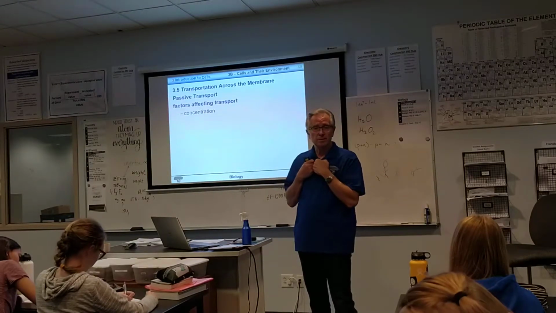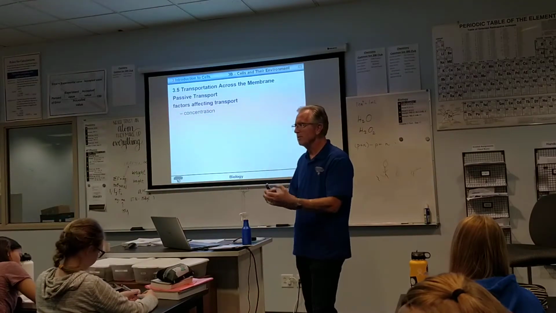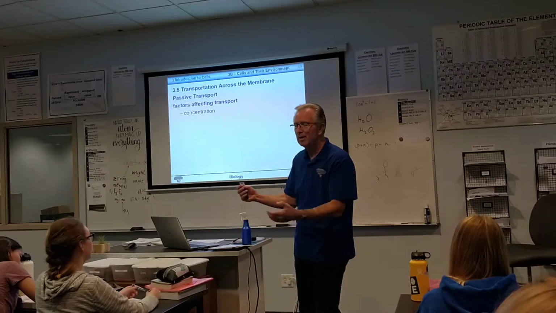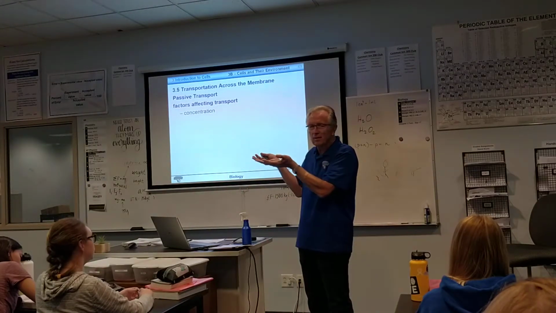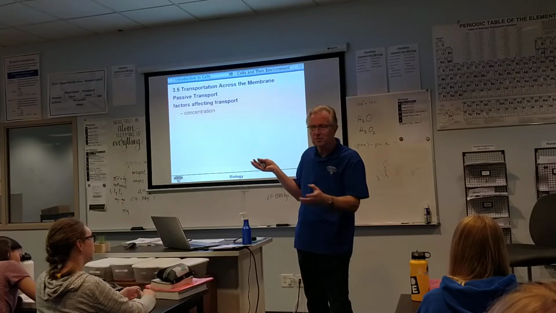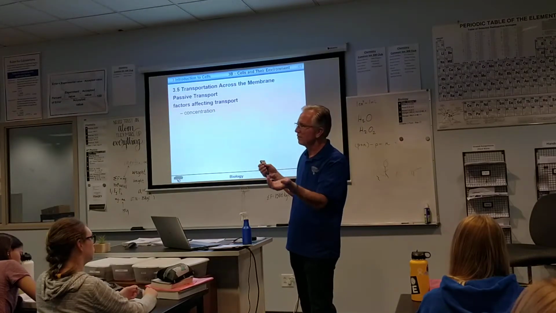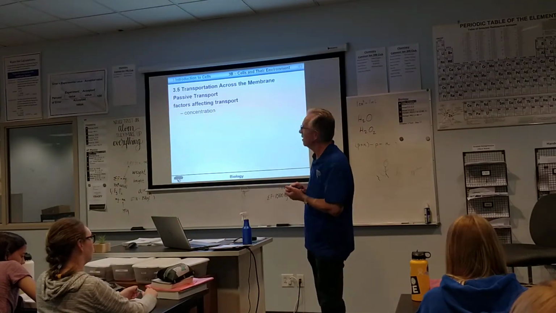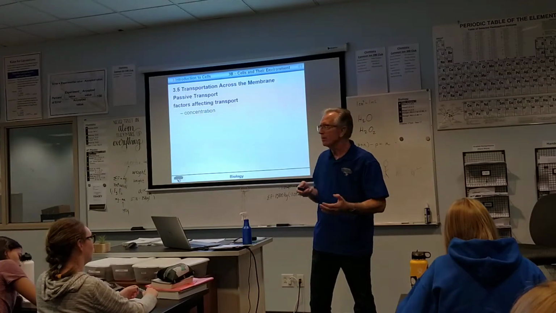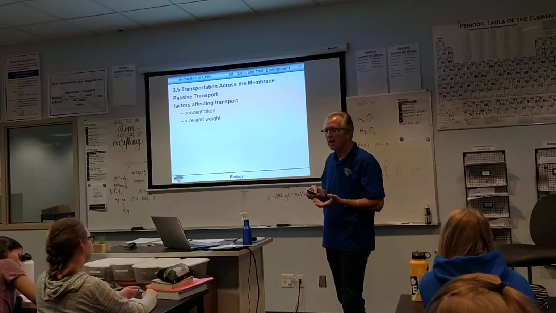But the cell, in using up the oxygen, produces carbon dioxide, and that will build up in the cell, and there will be less outside the cell, so carbon dioxide will want to diffuse out of the cell. So concentration will make this happen. Another factor is size and weight.